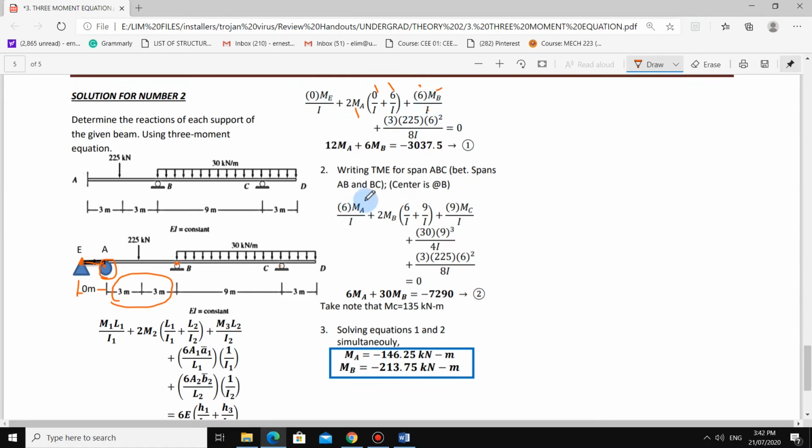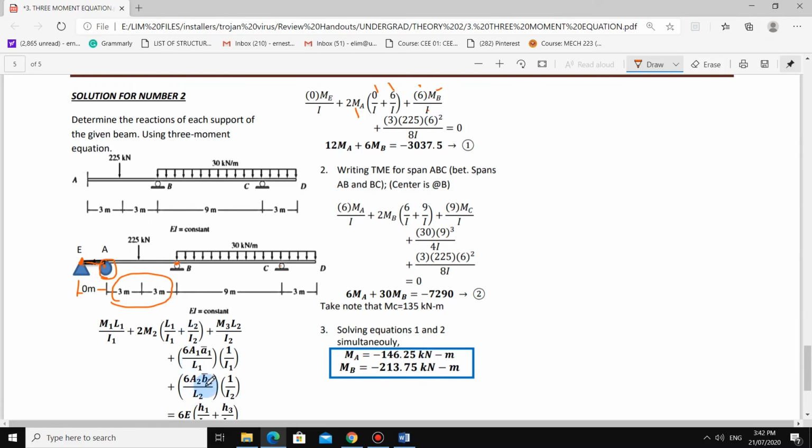Then now is the 6A-bar-a over L or 6A-bar-b over L. In this case, guys, on the left side, EA has no loading, so that is automatically 0. So 6A-bar-a over L for this span is 0, since there is no loading.